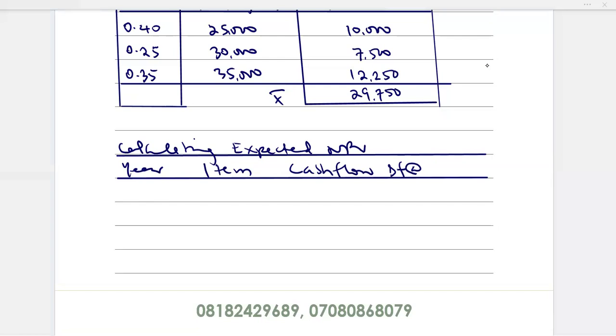According to the question, cost of capital is 12%. Then present value. Year 0, then the useful life of the product is 5 years. So year 1 to 5, this is initial outlay. Expected revenue will be here, year 1 to 5. Running costs will also be there.